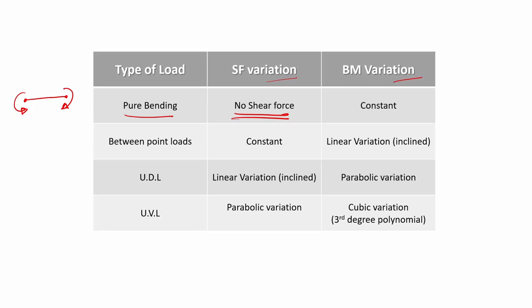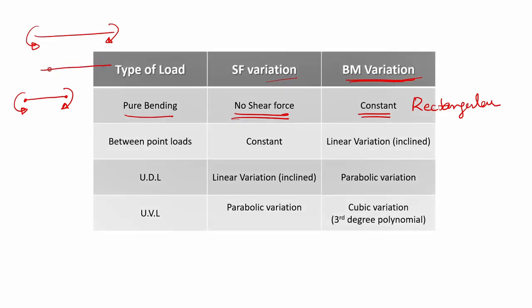The bending moment variation is constant, or you can say rectangular. Let us consider there is a beam like this and you are applying moments like this, then shear force is 0 and the bending moment diagram will be a rectangle. This is the bending moment diagram and this is the shear force diagram, right?